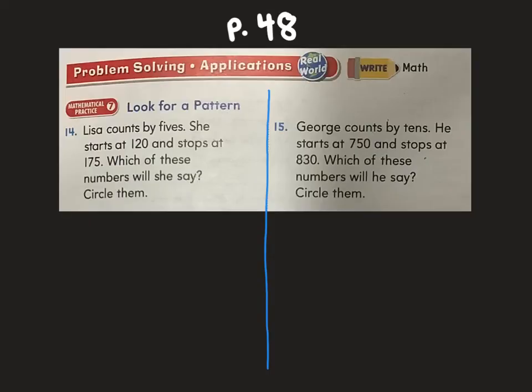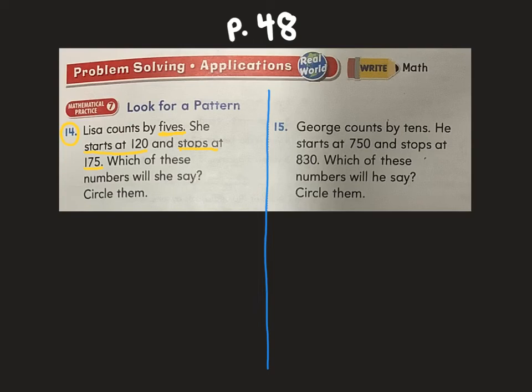Flip ahead to page 48. We're going to look at the problem solving questions at the top of this page. Number 14 says, Lisa counts by 5s. Go ahead and underline that. She starts at 120 and stops at 175. Which of these numbers will she say? Circle them. So she starts at 120, stops at 175.